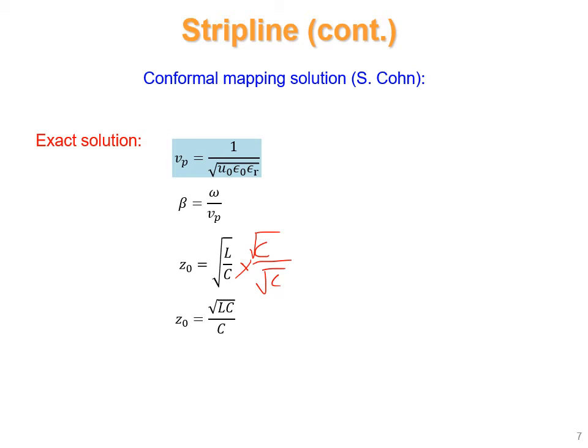C is the capacitance per unit length of the transmission line, and L is the inductance per unit length of the transmission line.